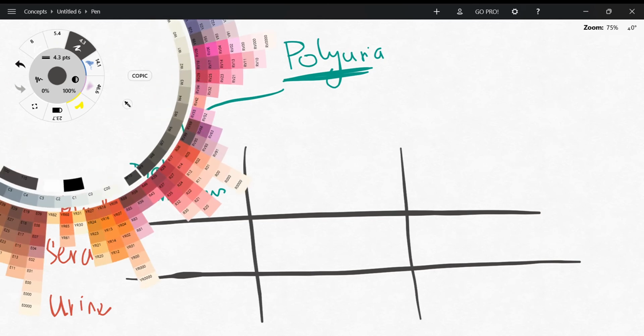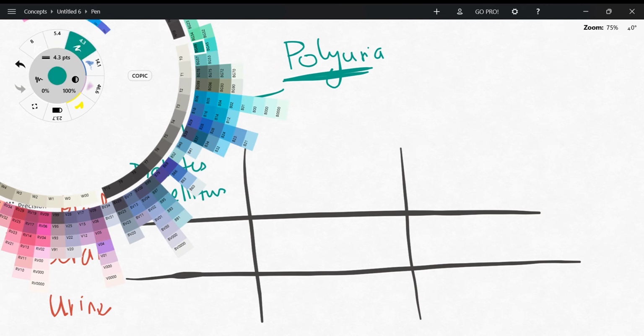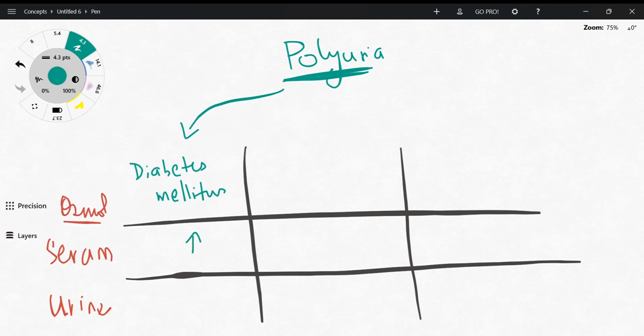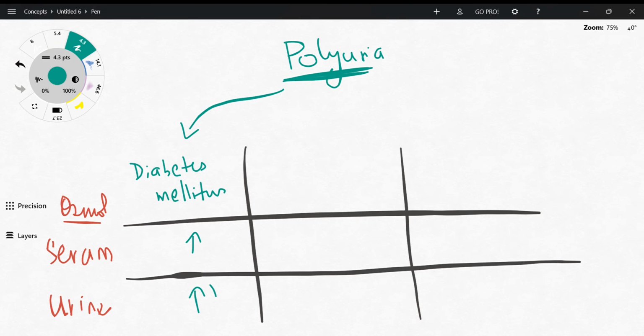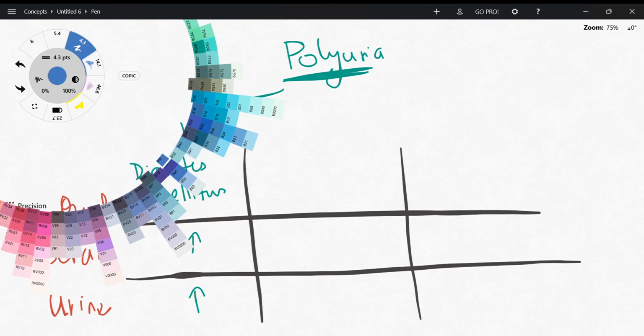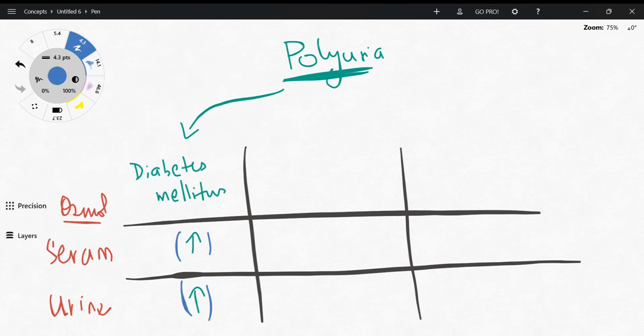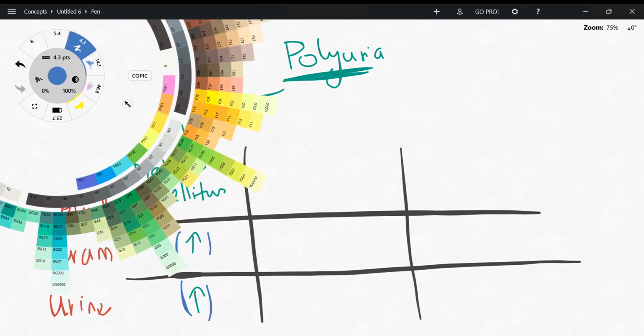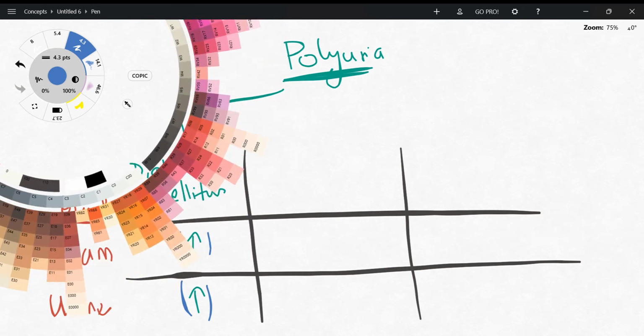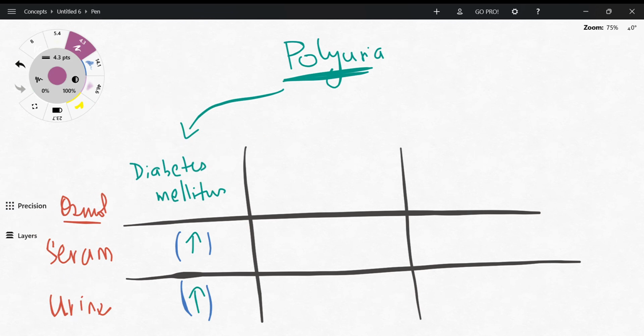So what happens in diabetes mellitus is that serum and urine osmolality both are going to be increased because of increased glucose in both the urine and the body. The other major cause of polyuria is going to be diabetes insipidus.